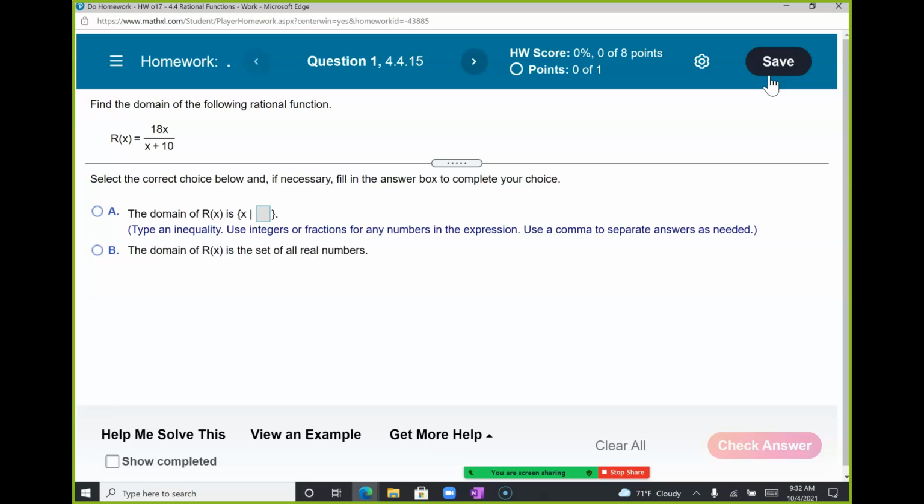All right, so here we start nice and simple. I've got my function 18x all over quantity x plus 10. I have an upstairs 0 and a downstairs 0. Oh yeah, I need intercepts too, but we're just talking about domain first.